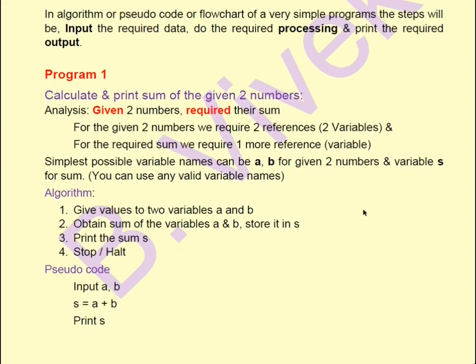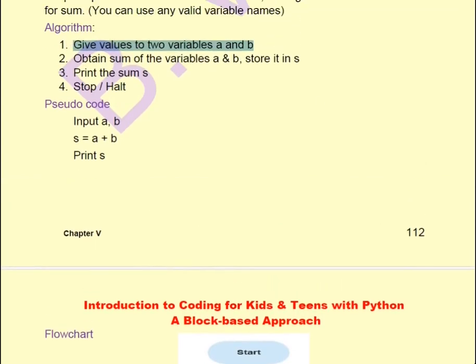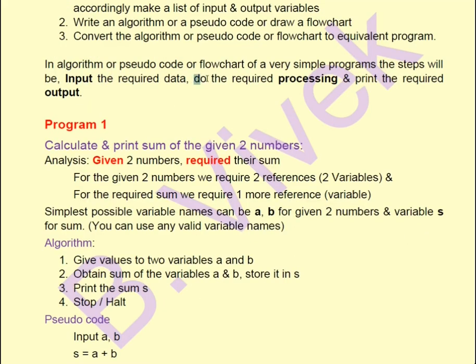So now our aim is to write the algorithm. Step number 1 of the algorithm can be: give values to the input variables a and b. The same step exists in your pseudocode: input a, b. Do the required processing.